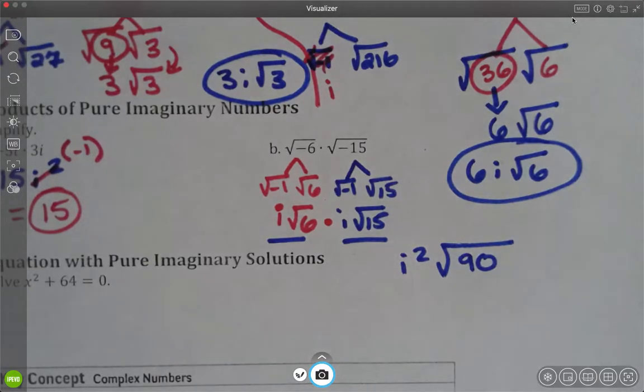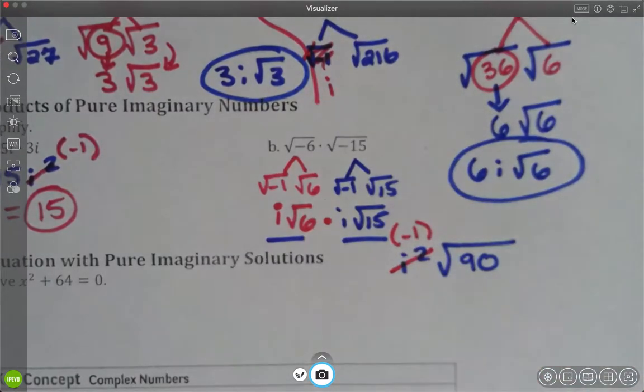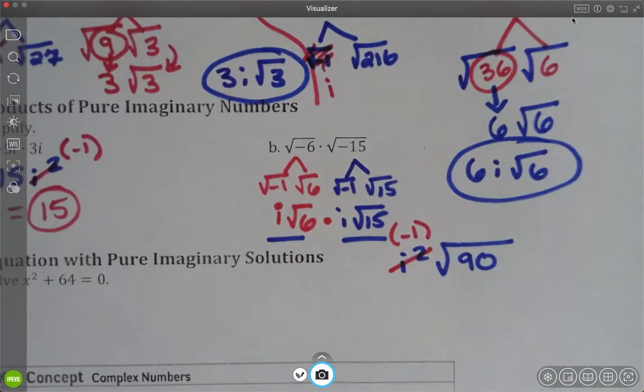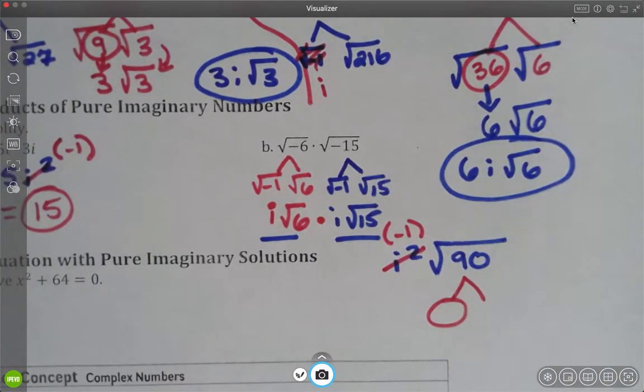Just wait, we've got to see if it can simplify any more. Can i squared simplify? Yep, it's negative 1. The square root of 90, can it break down? What goes into 90 that you can take the perfect square root of?